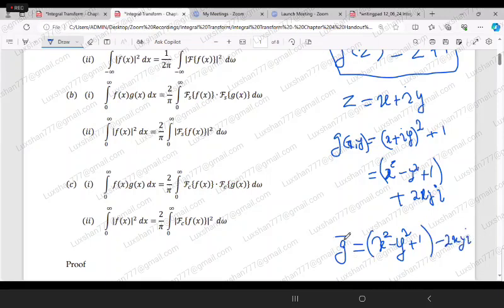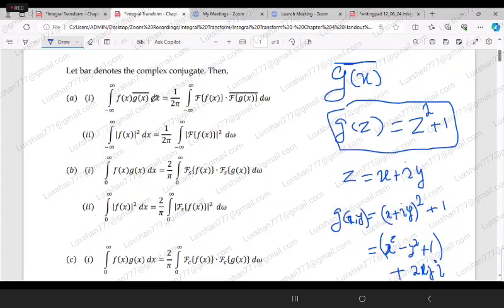So this is the g bar, where bar denotes the complex conjugate.